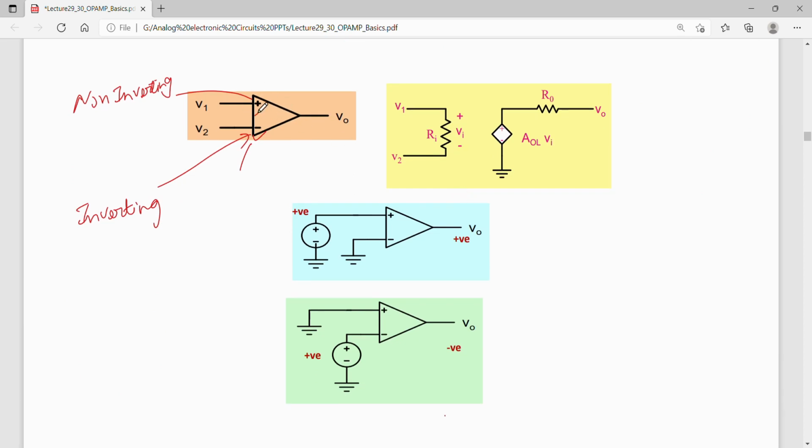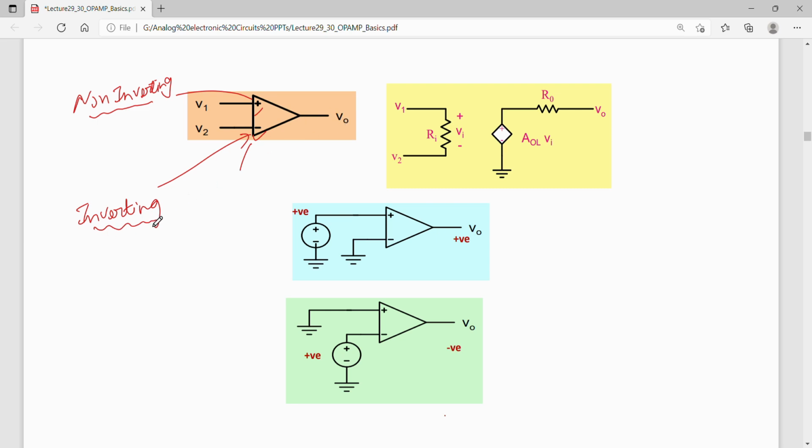Now we said that this plus indicates the non-inverting terminal, and this minus indicates the inverting terminal. Non-inverting terminal means that whatever you apply at the input, you will get an amplified version at the output with the same phase. That is, the magnitude of the output can be different, but the phase will be the same.